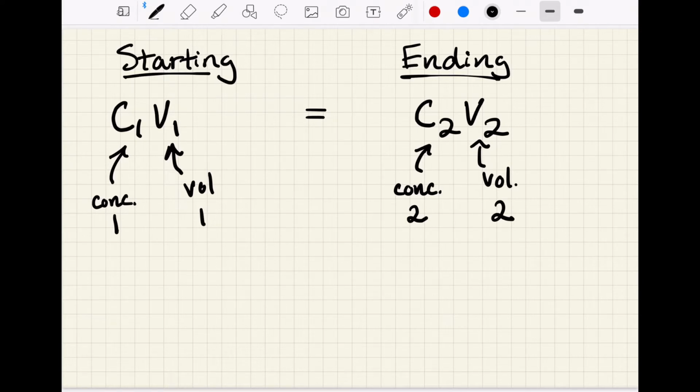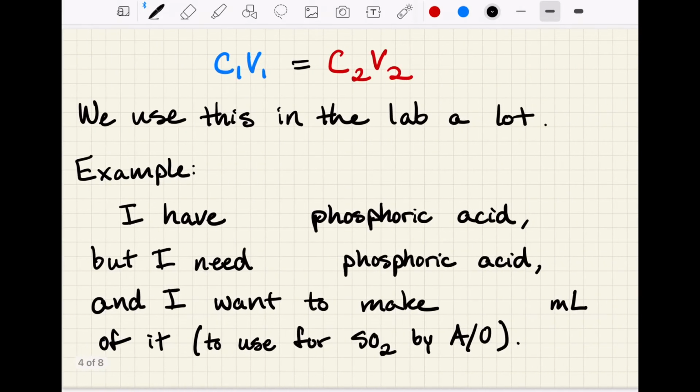Now let's put it into practice. Here again at the top we have our equation, and this is something that we use in the lab very often. So I'm going to use a lab example first, and then we'll talk about a winemaking example. Let's say that I have 85% phosphoric acid, and I need 25% phosphoric acid, and I want to make 500 milliliters of it.